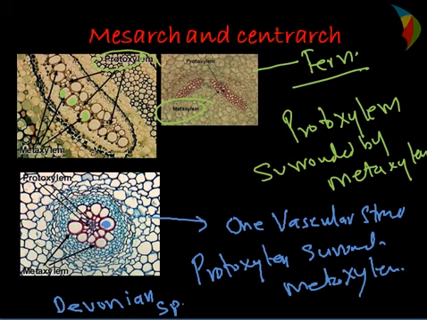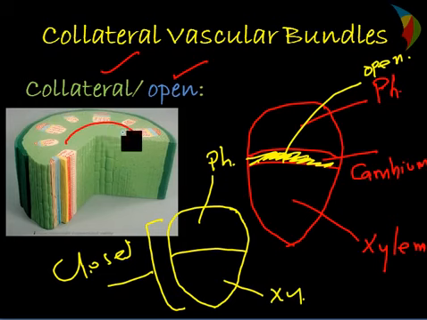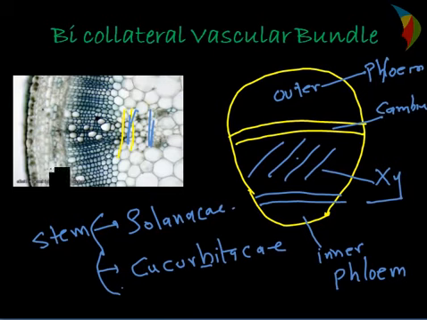Just to revise from behind, we have collateral vascular bundle, and we have open type and closed type. The main characteristic of open type is that it is characteristic of dicot plants, and in case of closed type it is a monocot characteristic. Then we have bicollateral vascular bundle, for example in the stem of Solanaceae and Cucurbitaceae.